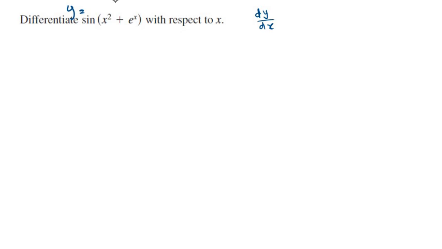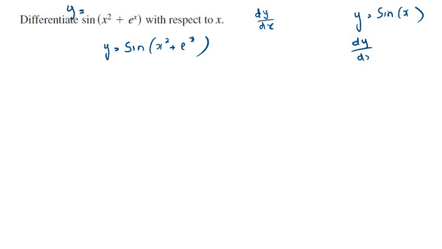So let's write y equals sine(x squared plus e to the power x). We know the derivative of y equals sine x. But the problem here is the x is replaced by a function of x. So dy over dx, we know it's cos x.